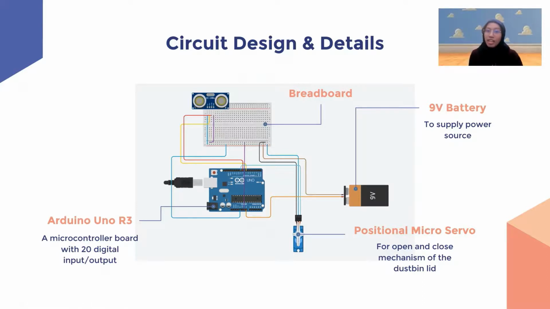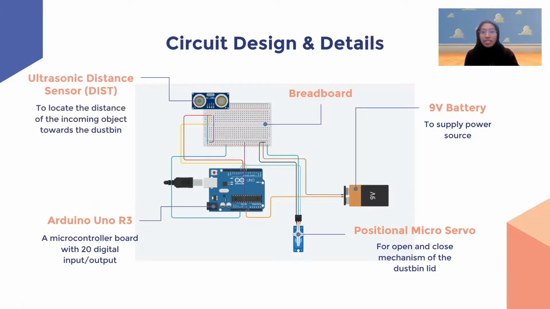Alright, the last component is the ultrasonic distance sensor. The ultrasonic distance sensor is used to locate the distance of an incoming object towards the smart dustbin. This component releases a 40 kHz ultrasound that travels through the air and bounces back to the module as it comes into contact with an object.